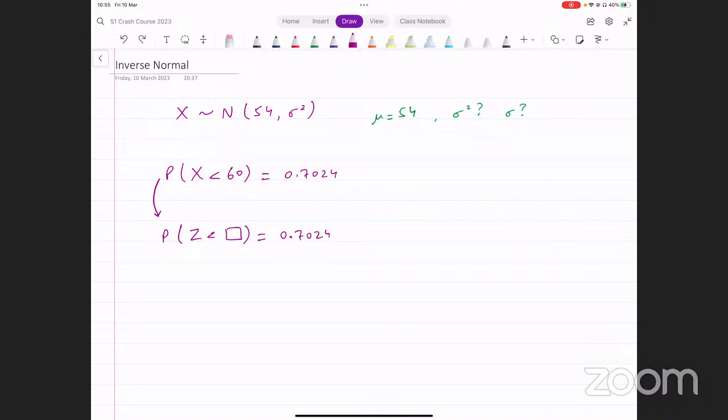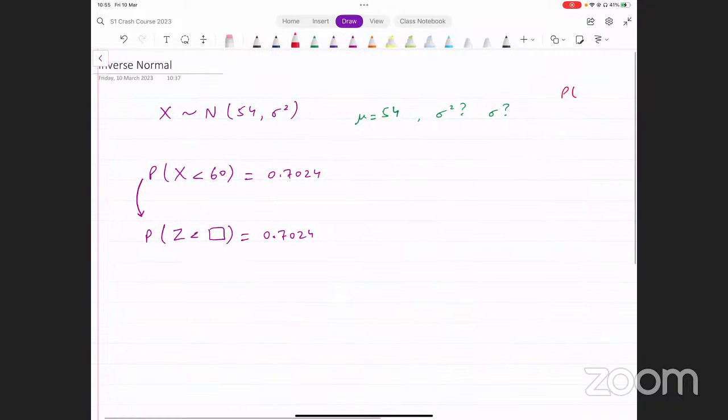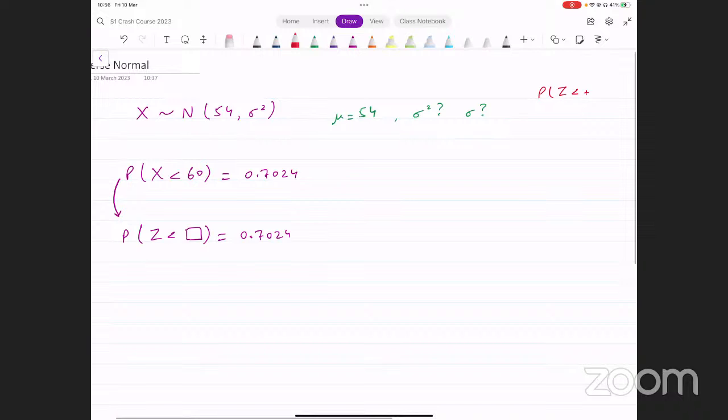Now, how do you figure out this value of Z? The first thing you need to do is you need to convert it to the standard form, right? Remember, we can only use the table if the probability is in standard form. What's the standard form? Remember, the standard form looks like this. Probability of Z less than a positive number.